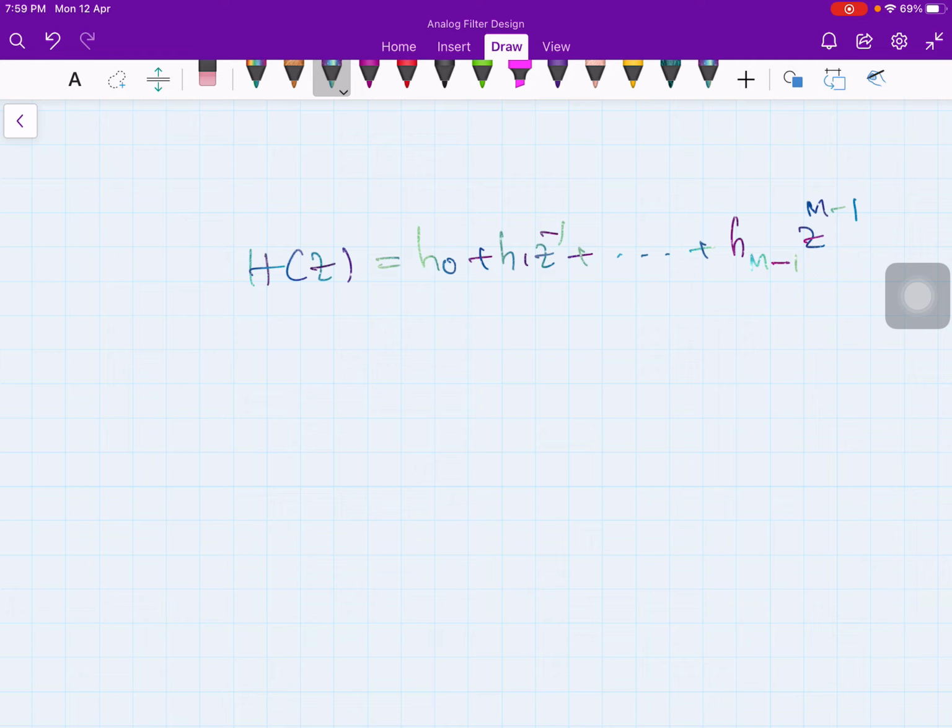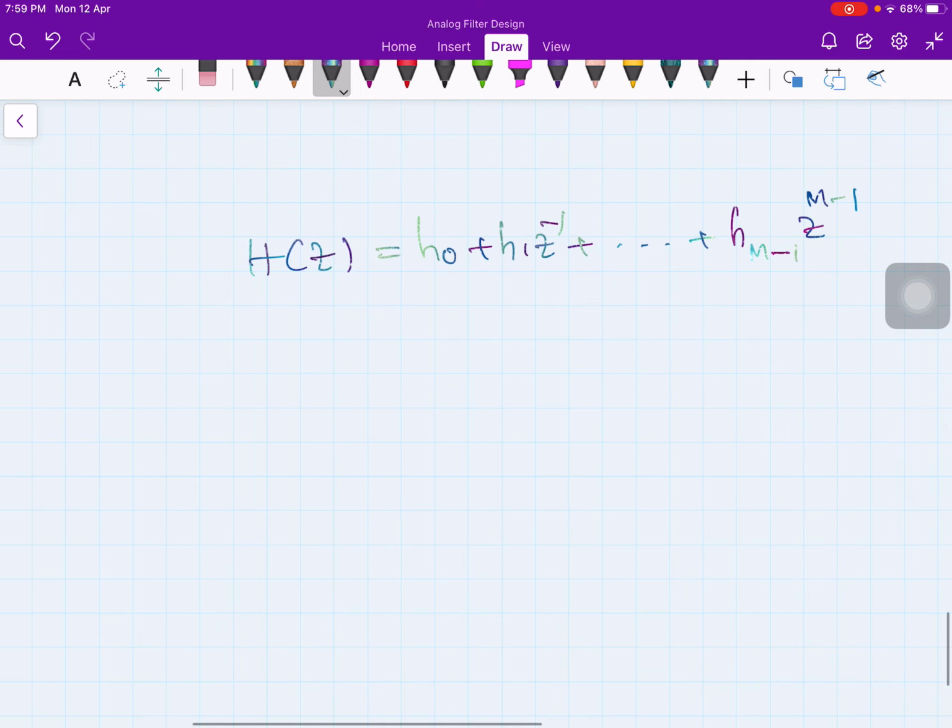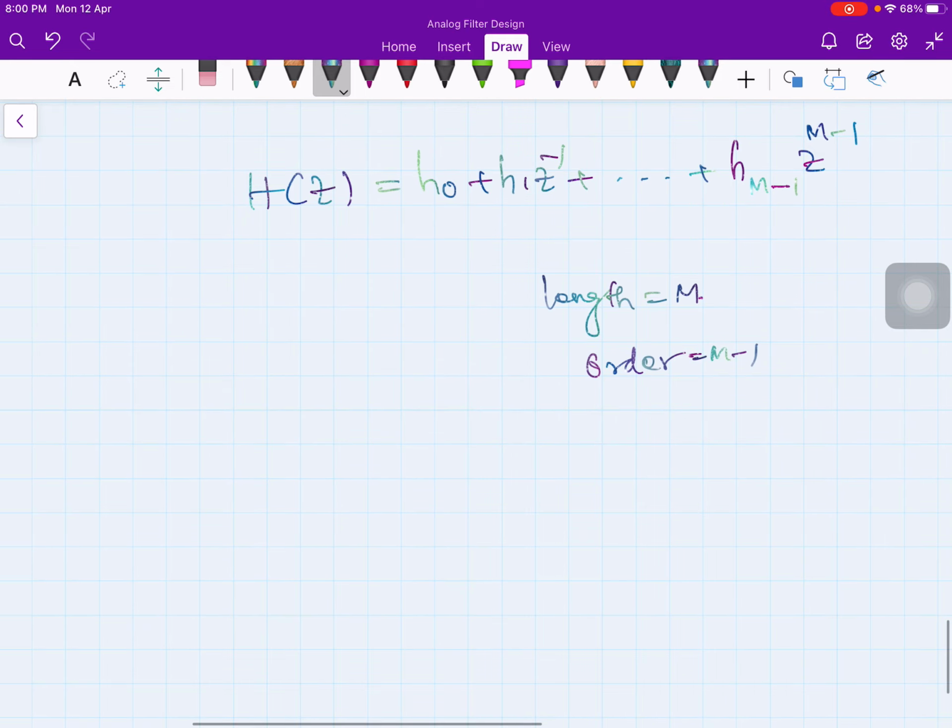I'll go back and forth between the order and the length, so we should be careful. The length here is M, but what about the order? Order is M minus 1. And you can make an L phase decomposition.